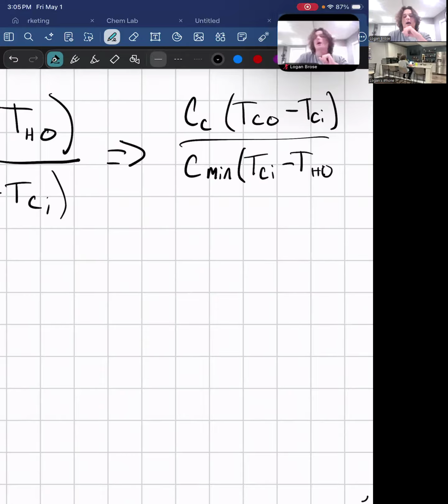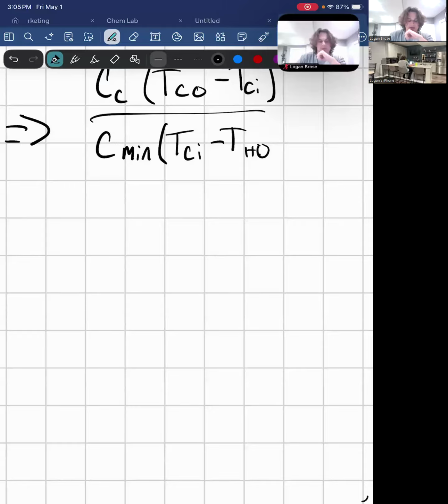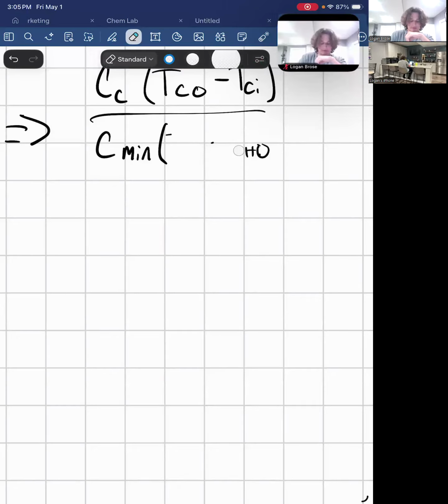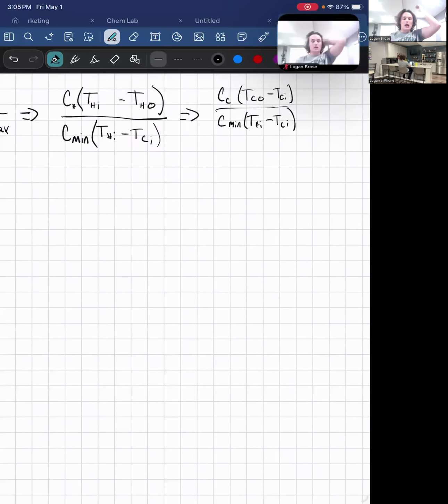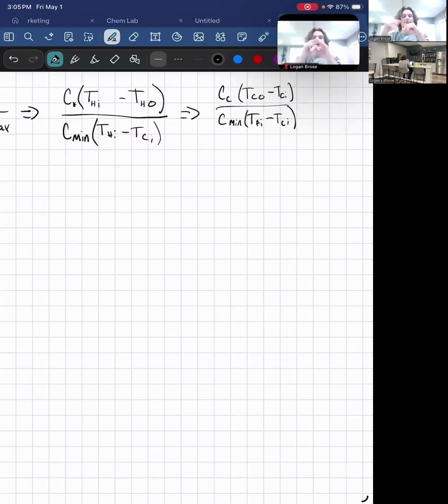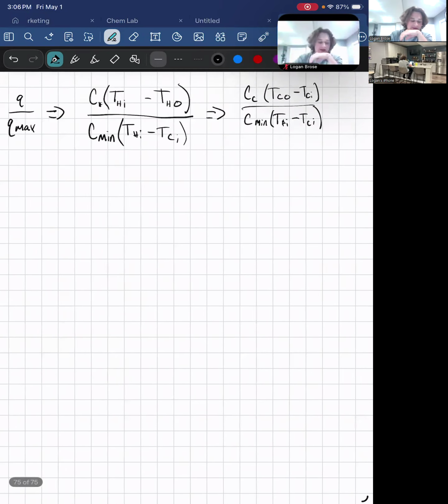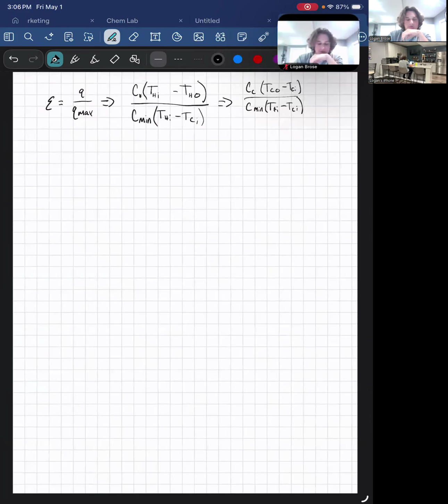And so no, sorry, that's wrong. This should still be T hot in minus T cold in. And so we look at it and we get a more approachable equation for our effectiveness of a heat exchanger.